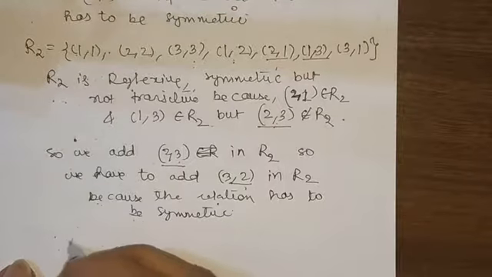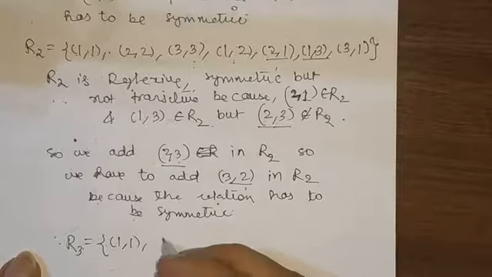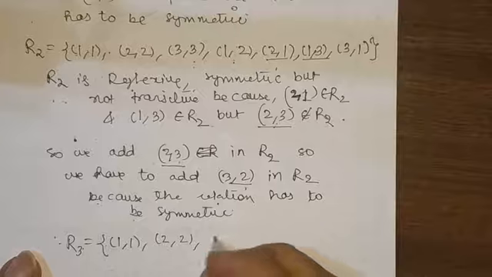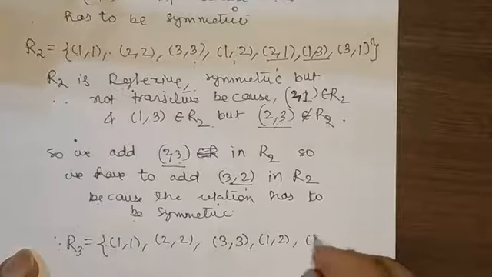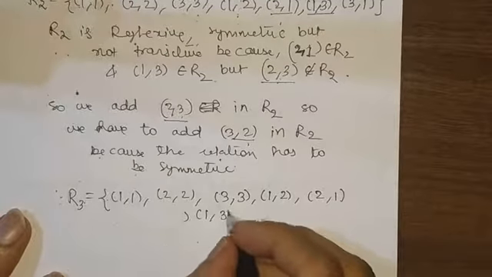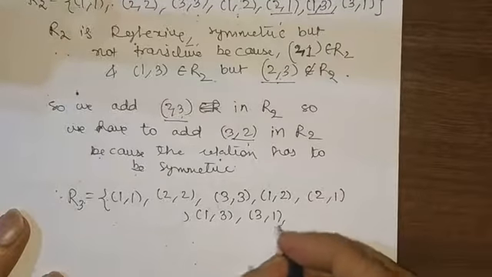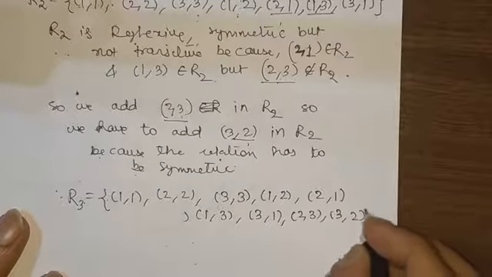So the relation R3 will be 1 comma 1, 2 comma 2, 3 comma 3, 1 comma 2, 2 comma 1, then 1 comma 3, 3 comma 1, then 2 comma 3, 3 comma 2.